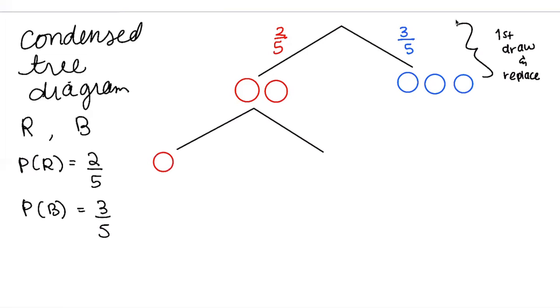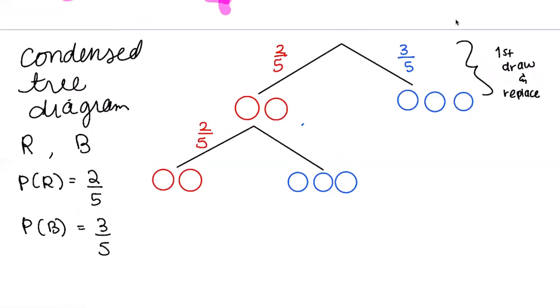We can get a red ball or a red one. Probability is 2/5 because it's with replacement. Or we could get 3 blues, one of each. We're only going to grab one, but we have 3 of the blue balls in the bag. And the probability is 3/5 because it's with replacement.